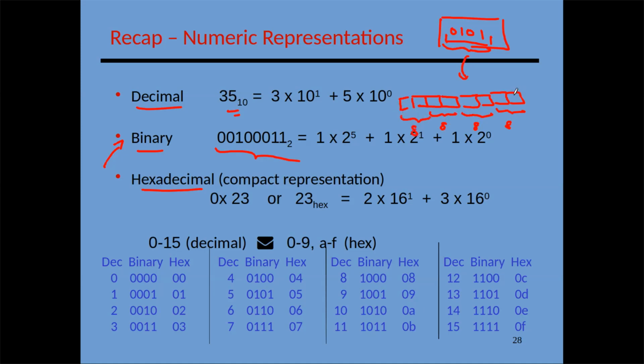Then you convert each portion. If, for example, this is binary 1000, it's hex 8, so you can just write 8 here. If here you have binary 0101, you know that it's hex 5, right? The digits in hex go from 0 to F. The last several are letters A, B, C, D, E, F, right? So you probably have seen it before. I just wanted to make sure that it's clear for everyone.